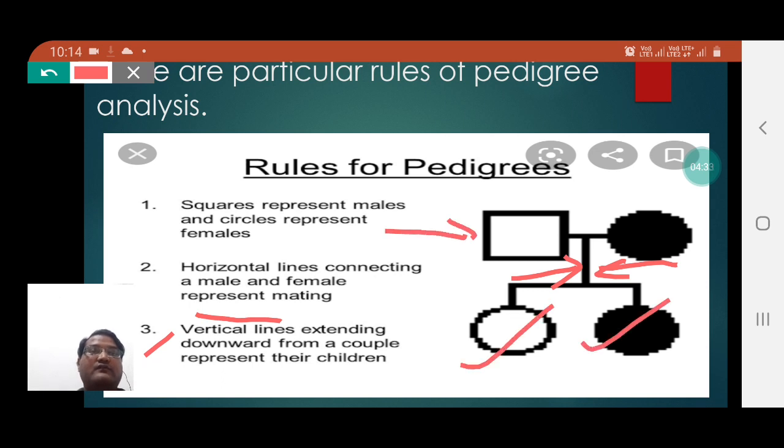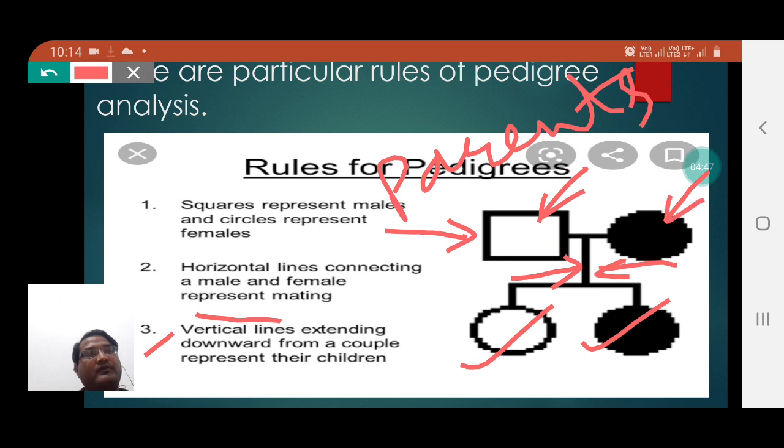This square and circle we can assume as the parents, where the square is the male and the circle is the female. The horizontal line shows the reproduction between the two, and the vertical line shows the children of the couple. So this couple has one girl and another girl with a certain trait, because both are circles, so we can assume that both are girls.